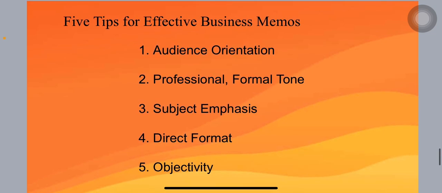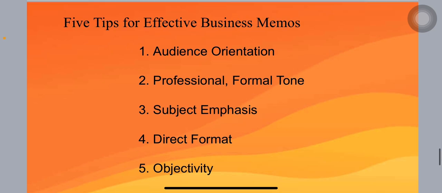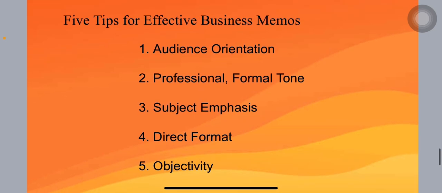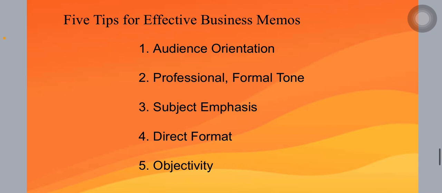So, these tips for effective business memos, no? Ganun na ganun din po, no? When it comes to technical writing. So, I know that you have your idea, or you have understood naman these 5 tips, and I want you to apply this in our activity later. Okay?